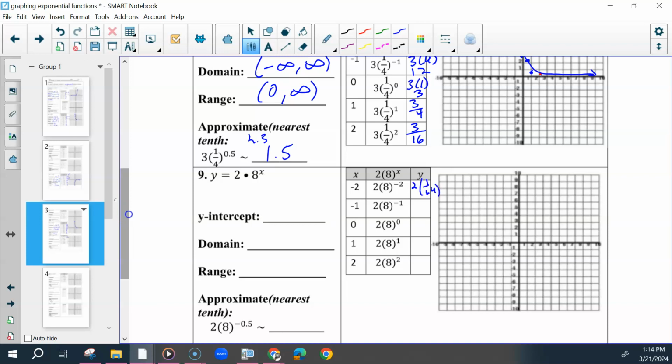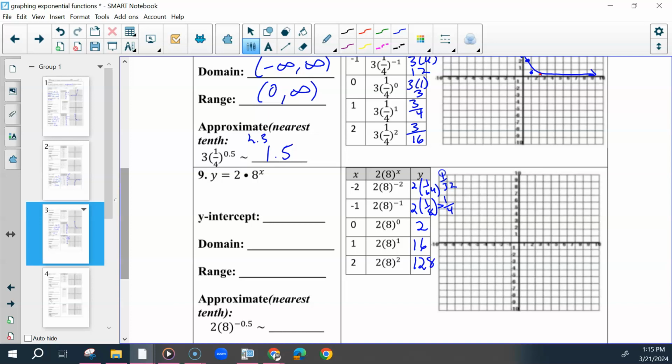And then we could simplify that to get 1 over 32. This would be 2 times 1 over 8, which would be 1/4. 8 to the 0 is 1, and 2 times 1 is 2. 8 to the first is 8, times 2 is 16. 8 squared is 64, times 2 is 128.